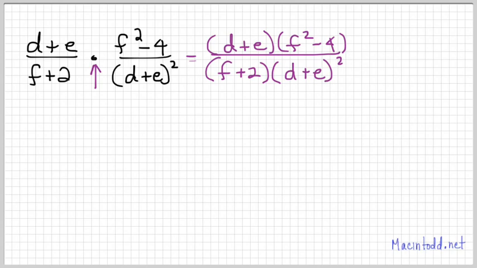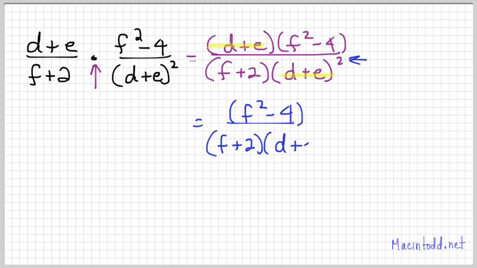That's D plus E times D plus E. And so now we can start to cancel some common factors, and we can see actually that this D plus E and this D plus E can cancel, but there are 2 of these guys down there. So if we just cancel the 1 from the top, we can only cancel 1 from the bottom, which would make it just D plus E to the first power now.